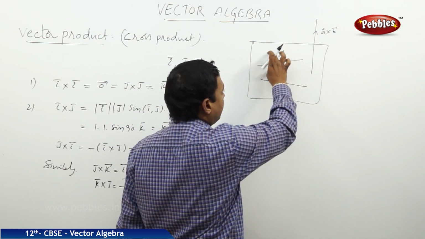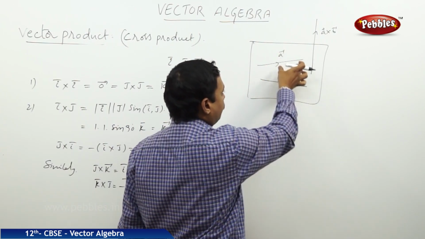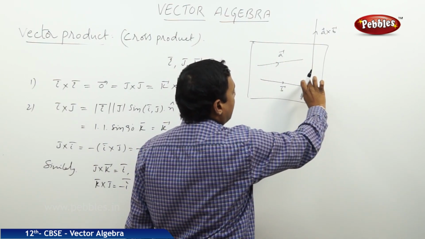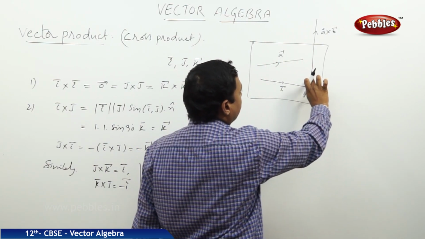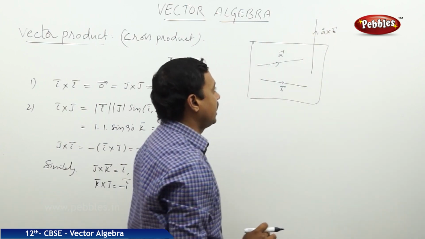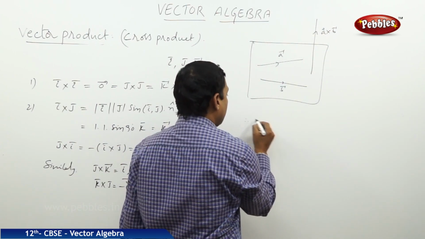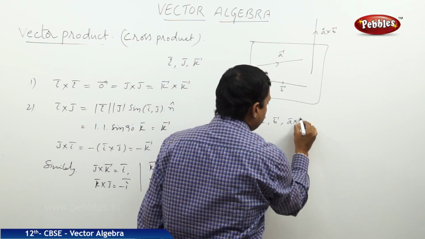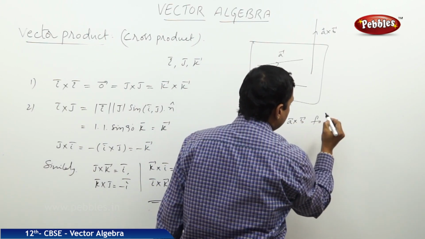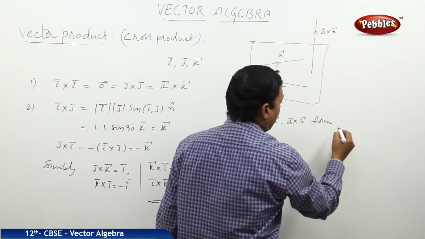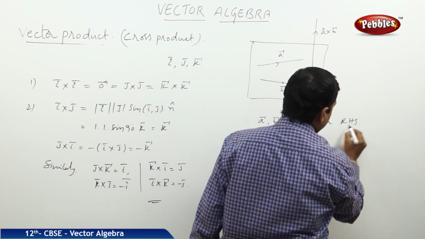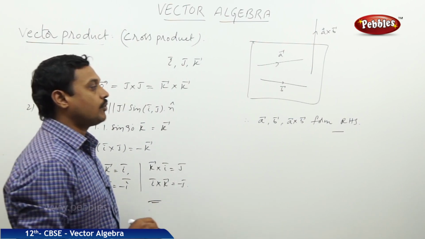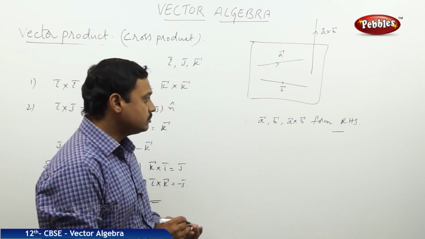As we rotate in the anti-clockwise direction from a to b, there exists a perpendicular vector to them in the direction of a cross b. Therefore, a vector, b vector, a cross b always form a right-handed system.